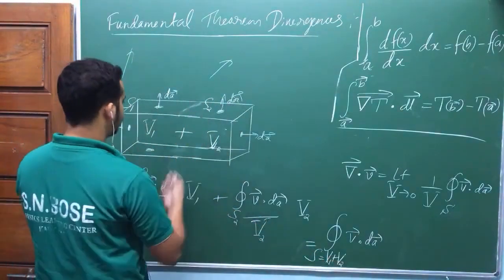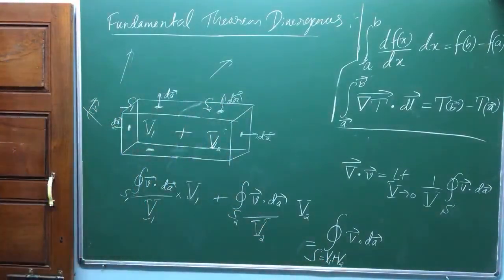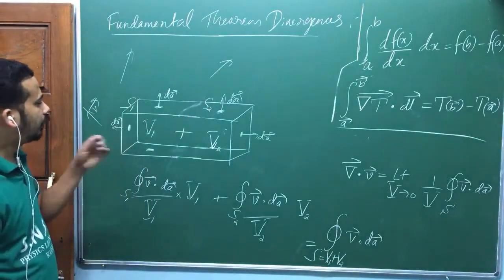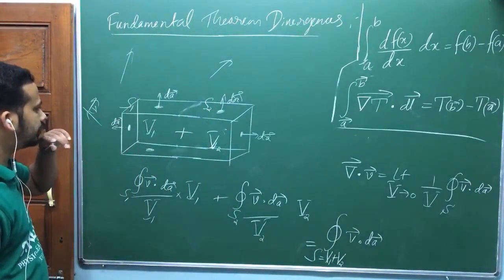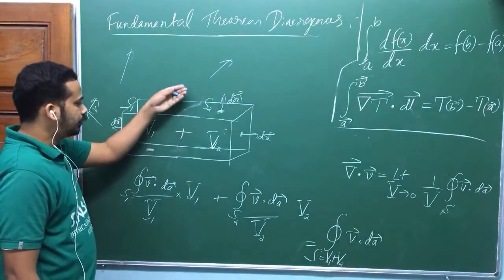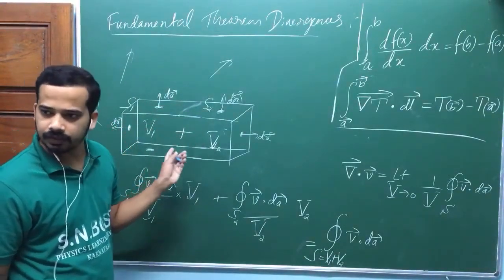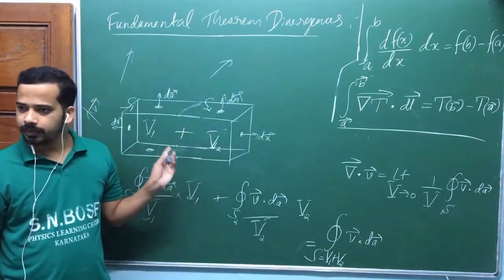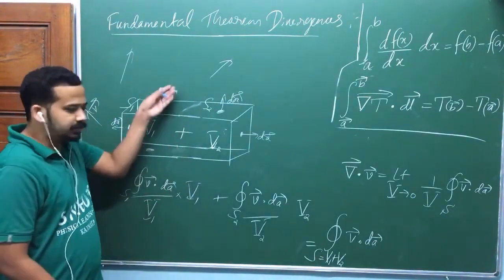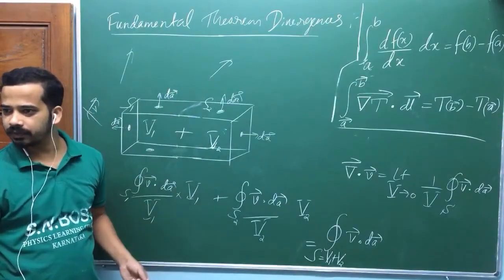This whole surface? S1 plus S2? No, the total surface will not be S1 plus S2. This common part is removed, am I right? Volume will add, but total surface will not add.